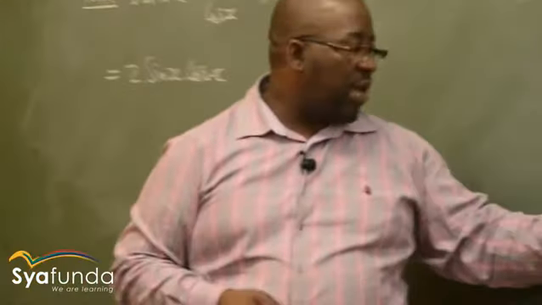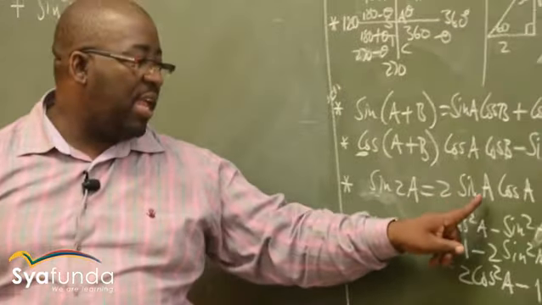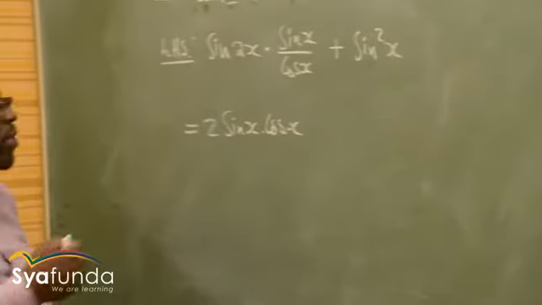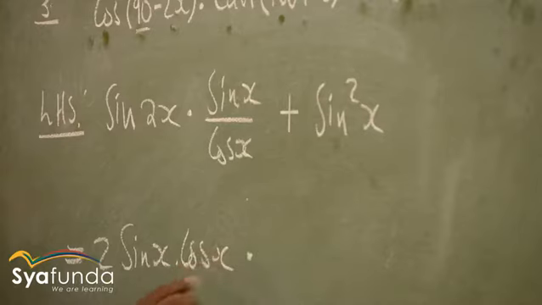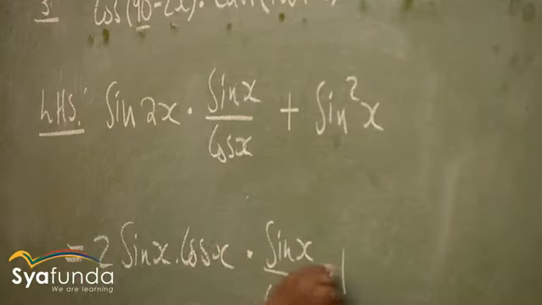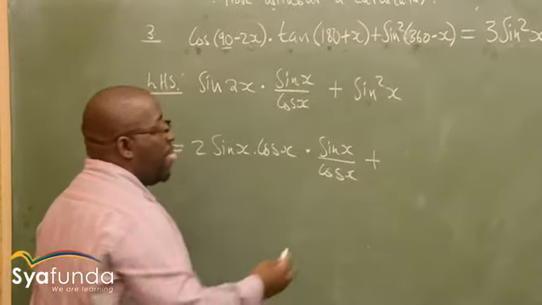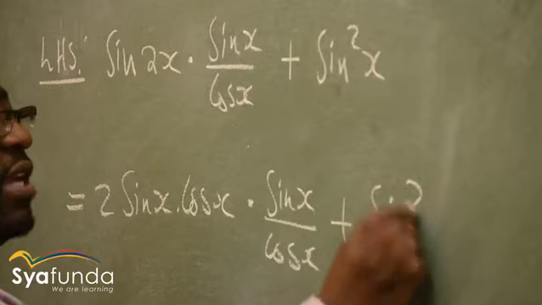Remember, sine 2a is the same as 2 sine a cos a, and here we've got x instead of a. This is times sine x over cos x, plus what I don't want to disturb because it's leading me towards my solution, plus sine squared x.